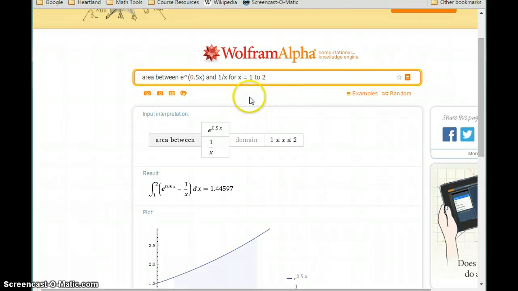In example 2, we want to do the same thing, but for two different functions. In this case, e to the negative x and the square root of the natural log of the absolute value of 2x.